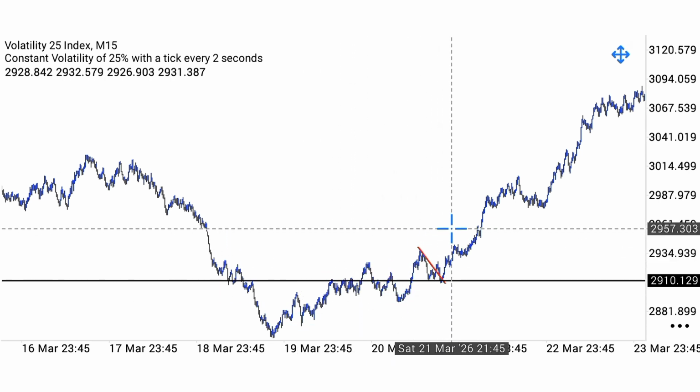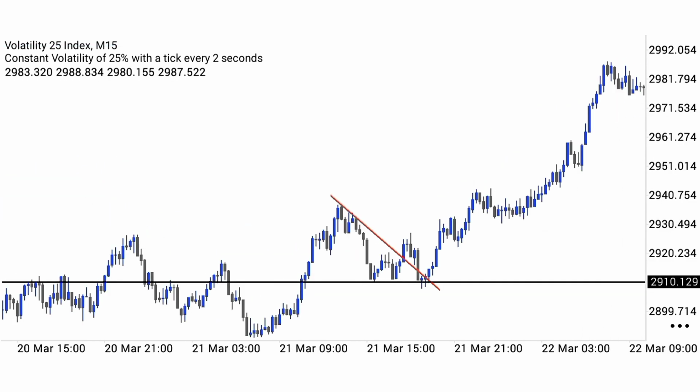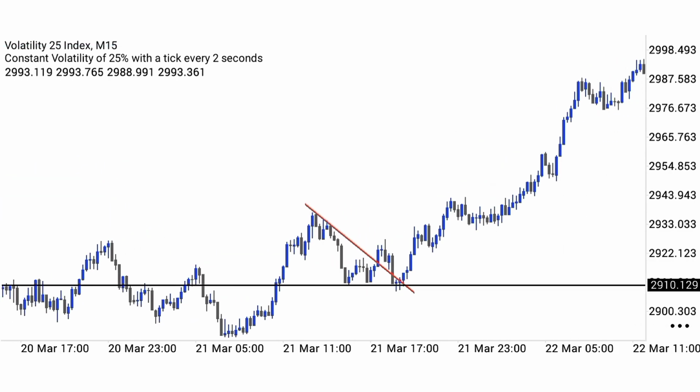So when it's moving in an uptrend, you have to look out for bearish movements inside an uptrend. So these ones are the little bearish movements in the uptrend. That's the little downtrends in an uptrend.